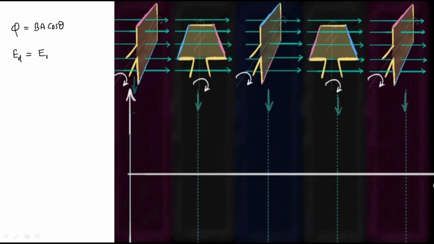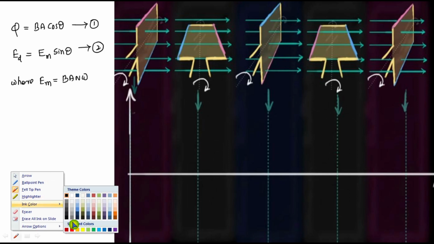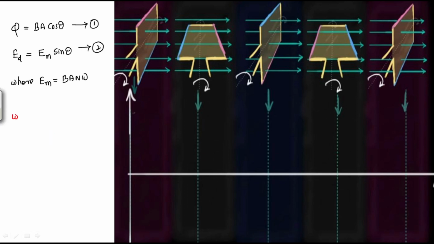where Em equals what? BAN omega. This is equation 1, this is equation 2. So from this, when theta equals 0, what about flux?